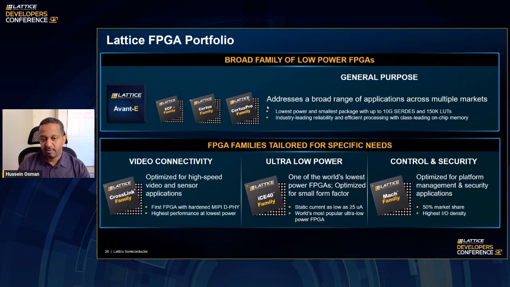For example, video processing on a projector system for consumer use would require the ability to bring in the video and do things like keystone correction or just improve the quality of the video as it goes to the projector. So this gives you a good feel for what Lattice has to offer in terms of devices.